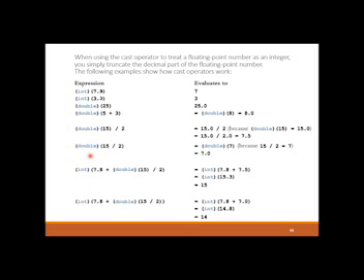Next example. Double, open and close parenthesis, 15 divided by 2, enclosed in the parenthesis. Ito, hindi sila magkasama sa loob ng parenthesis. Dito, magkasama. So, anong rule natin? Evaluate first yung nasa loob ng parenthesis. 15 divided by 2 is, dahil pareho silang integers, integer division ang gagawin natin.